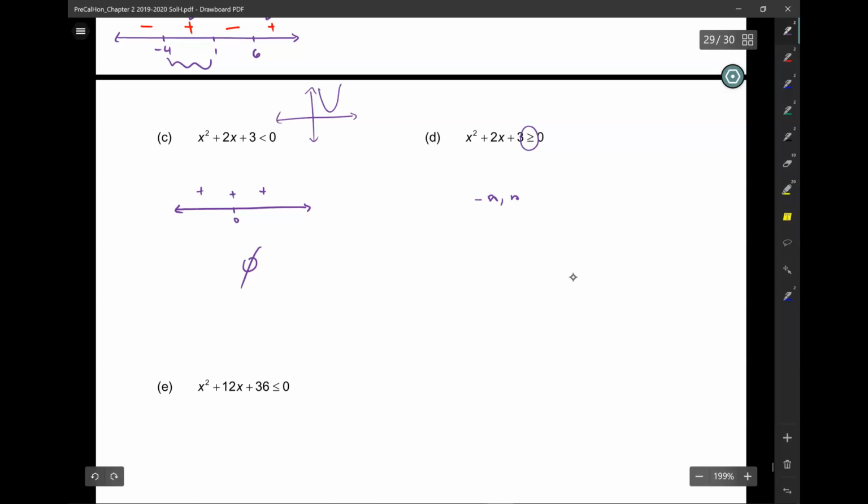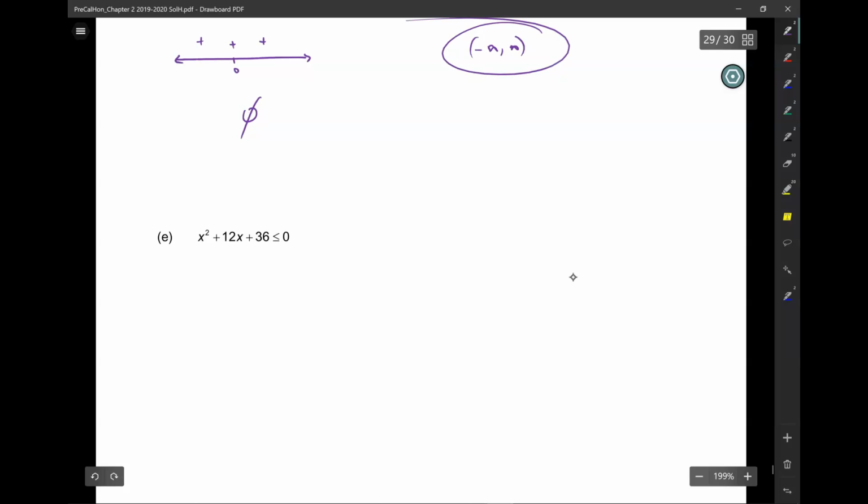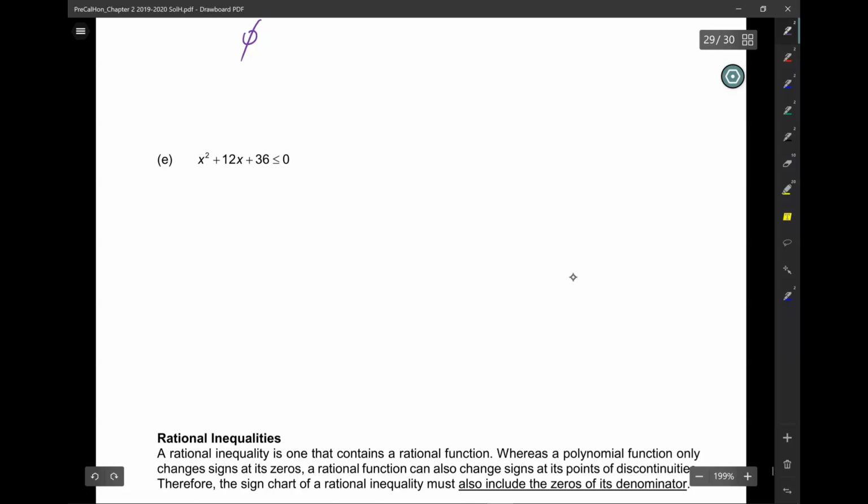So this is all real numbers. We should get into calculus notation. Because it's the same function. It's saying where is it greater than or equal to 0? Right? Yeah. So this next one, completely different problem.